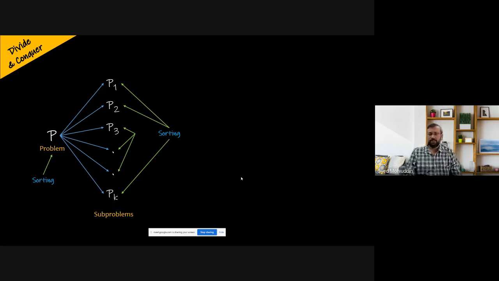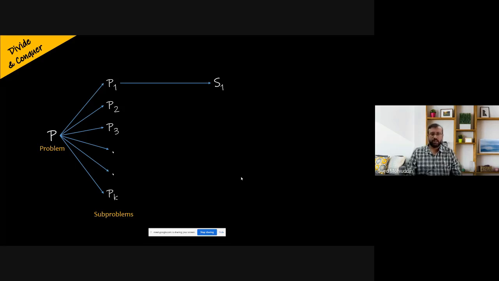When we divide a problem into different sub-problems, the conquer part is that each small sub-problem can be solved easily. A large problem is divided into small sub-problems, and each can be easily solved.